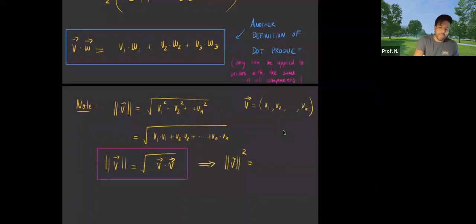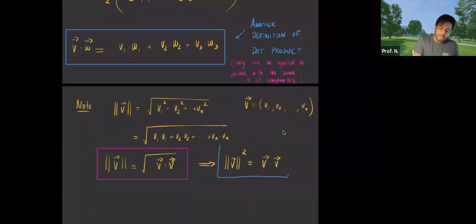So if I square both sides here, what do I get? I get V dot V. This becomes very useful, notationally speaking. So we can go back and forth between norm and dot product. Good to keep in mind.